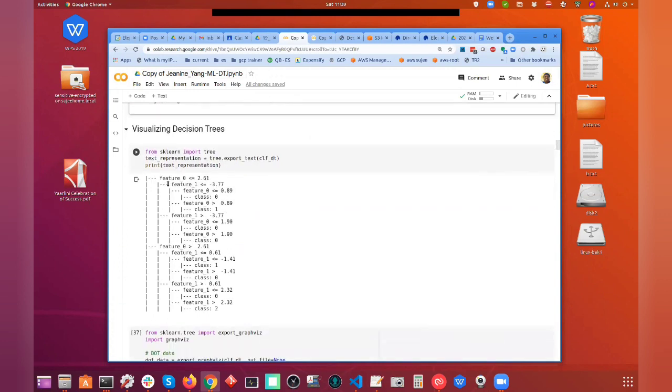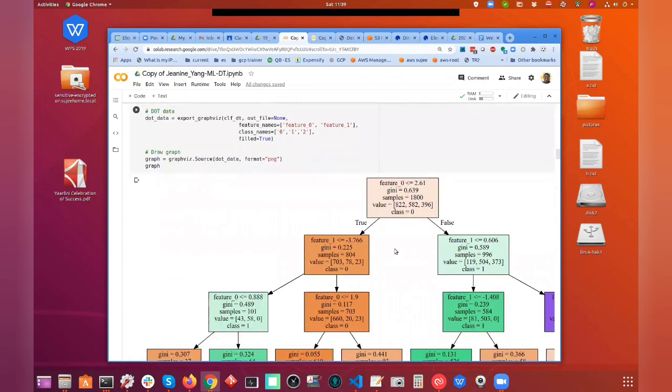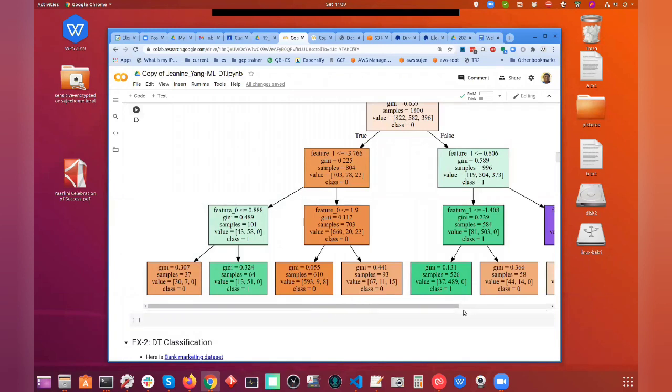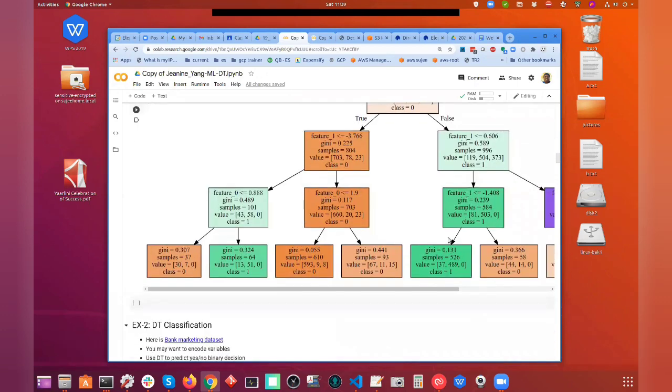You can navigate through the text, but you can also do graph visualizing as well, which is pretty cool. You'll keep printing from each tree, and you can see what features are being compared, what values are being considered, and what class it's representing, the whole thing. It's pretty good visualizing-wise.